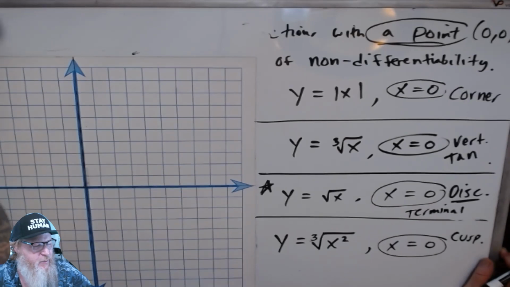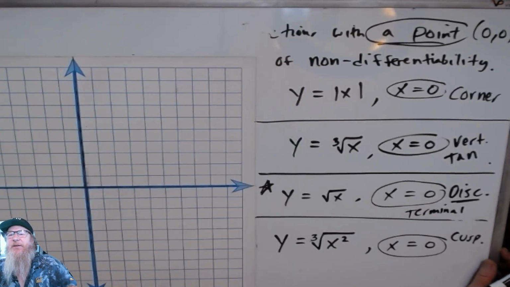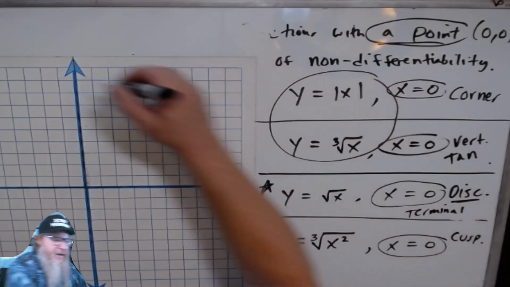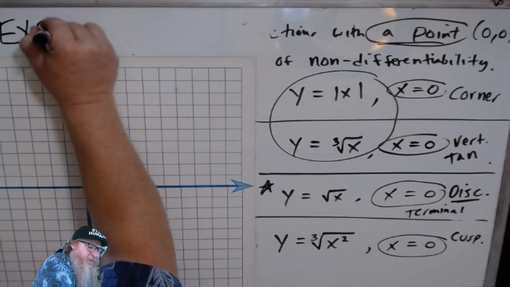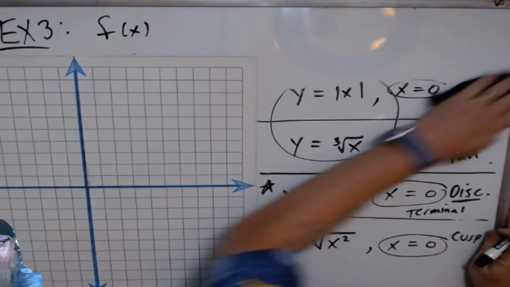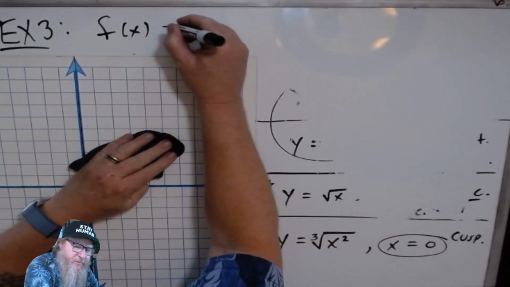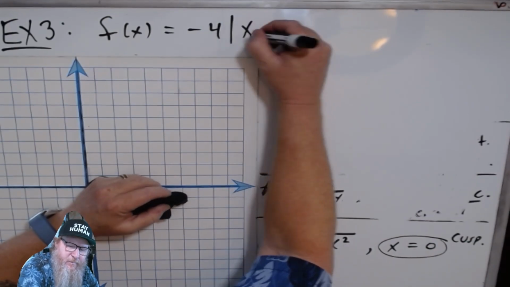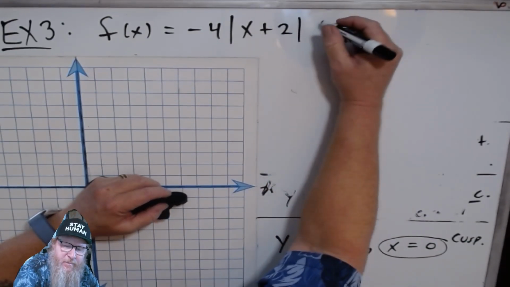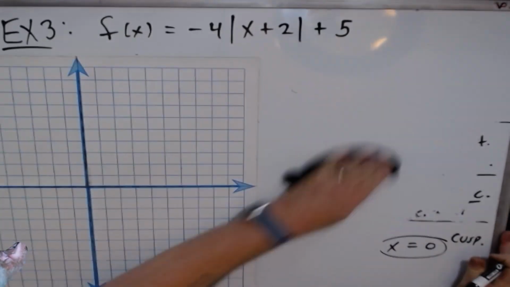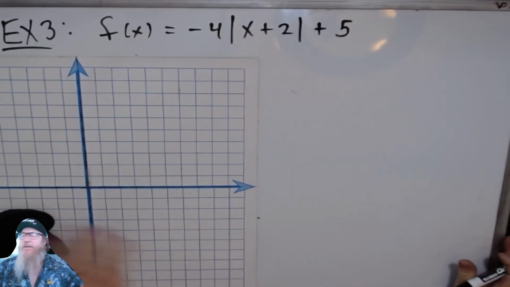I guess the best way to get into these different examples is to try a couple of them. I'm going to focus on these two right now, and we'll start with absolute value. So let's start with this one.